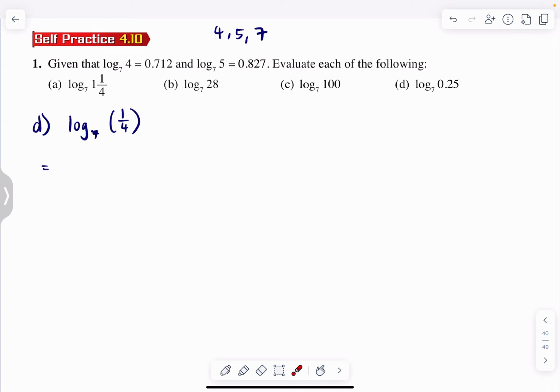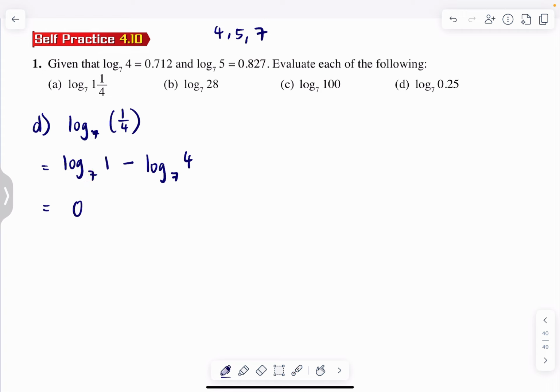So if you have division, it will become minus. So this will become log 7 1 minus log 7 4. Okay, log 7 1, or log 10 1 or log 21, log any base, as long as here is 1, right, will become 0.